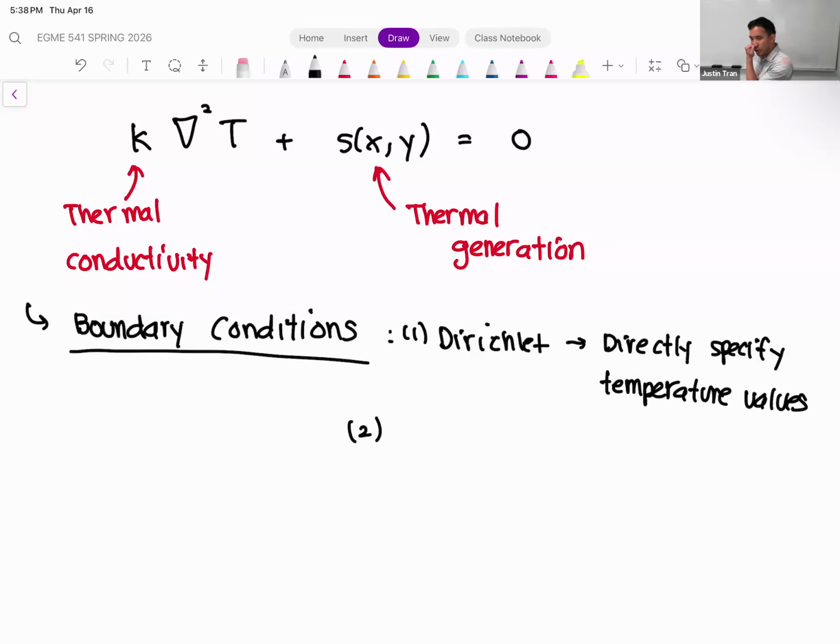There's not too much to say with the Dirichlet boundary conditions. They get a bit more complicated in 2D because there are multiple nodes or locations where we're applying them, but more or less we apply them in the same way.